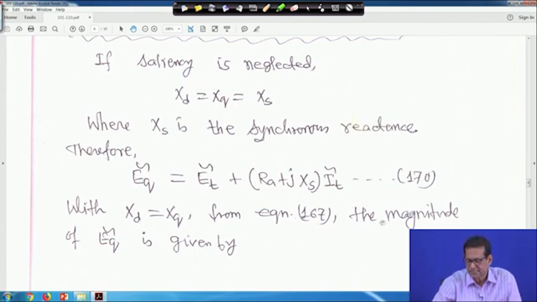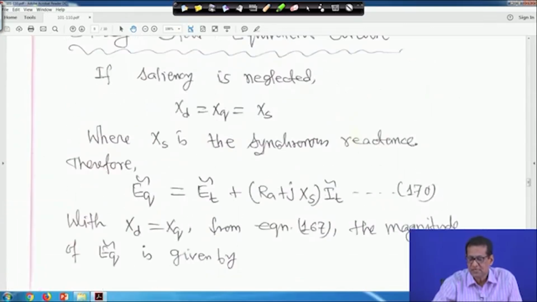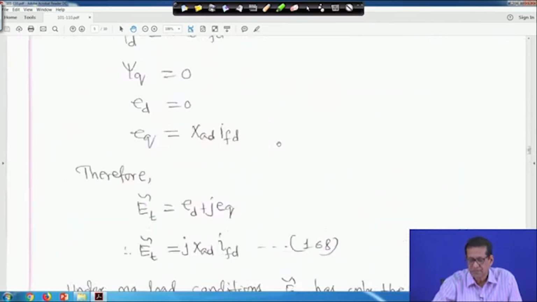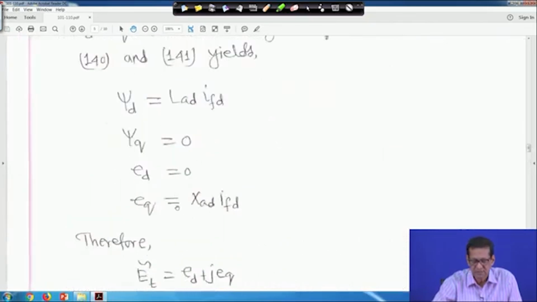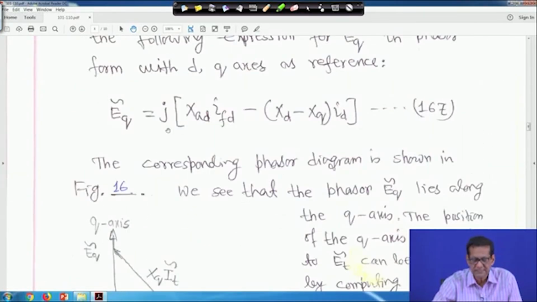From equation 167, the magnitude of E_Q is given by E_Q equal to X_AD I_FD. This is from equation 167, because xd is equal to xq, which is equal to xs, so that term will not be there.